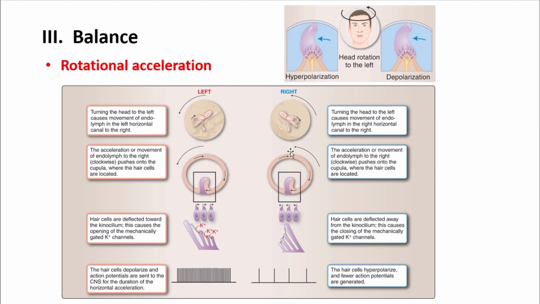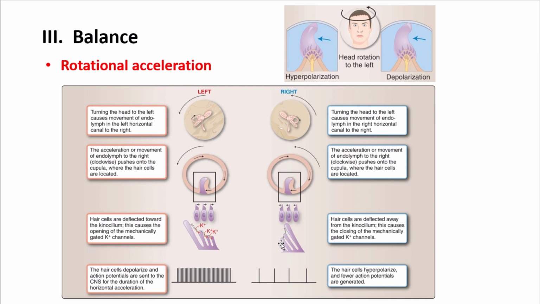What happens to the other side? Your head is still moving to the left, but the fluid is moving to the right side. This is the opposite side, and now the stereocilia move away from the kinocilium in this case, and there's no opening of the potassium channels.